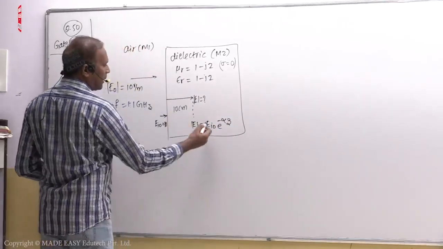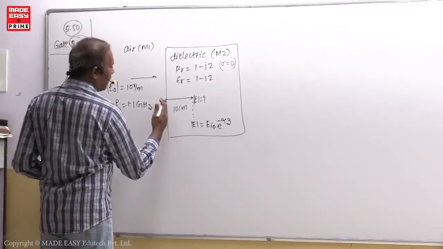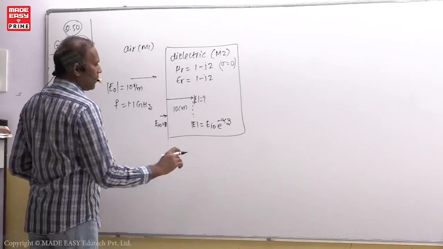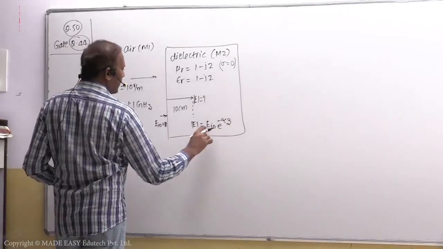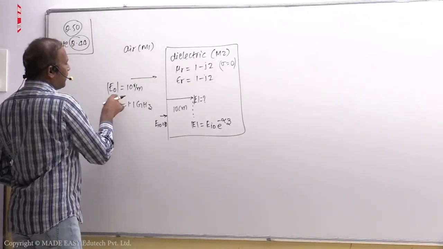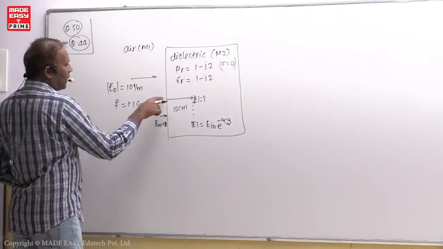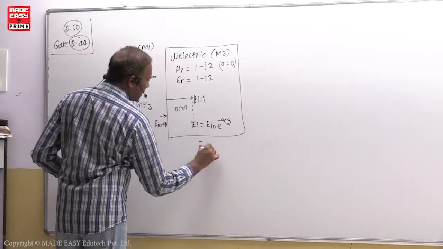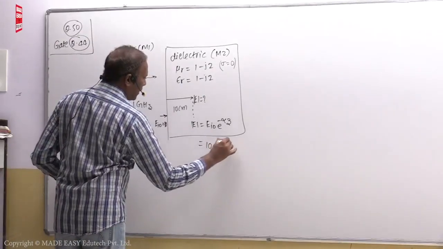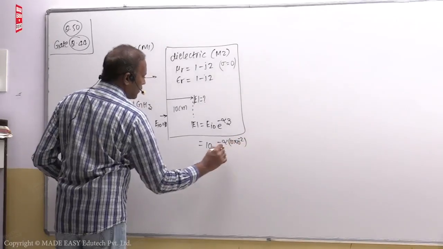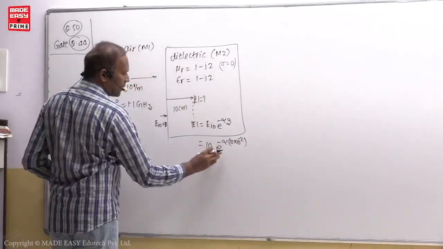Here z is 10 centimeter. That means when the wave travels 10 centimeter into this medium, what happens to the electric field? EI0 into e power minus alpha z. EI0 is 10 here because the air medium is a lossless medium. Anywhere here it is 10 volt per meter, incident is 10 volt per meter. So ultimately it is 10 e power minus alpha into 10 centimeter, that is 10 power minus 2. So this much electric field value is there at this location.